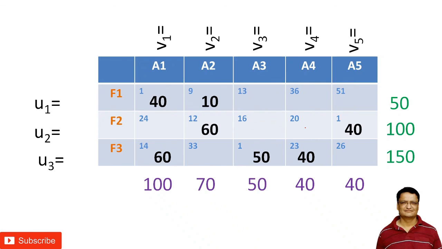So let us calculate the values of u1, u2, u3 and v1, v2, v3, v4 and v5 one more time. For our convenience, I will put dots instead of the allocations to avoid confusion.